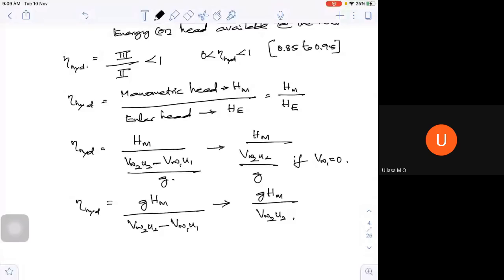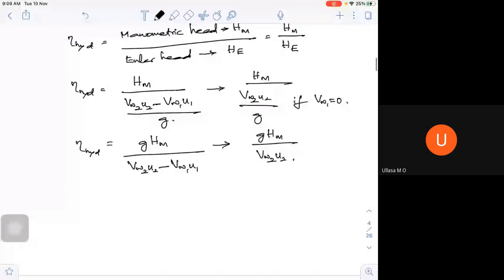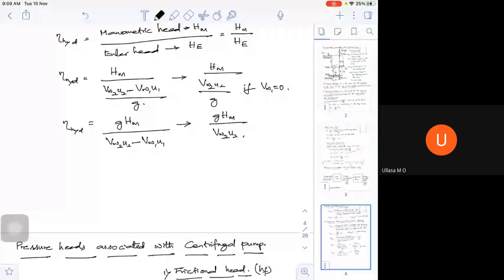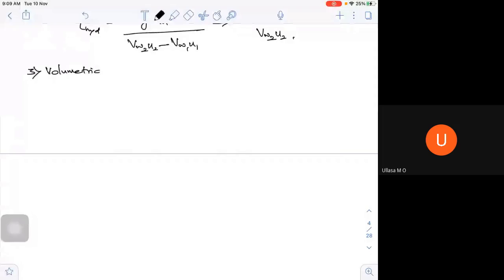Then I have the third efficiency. What is the third efficiency? The third one is your volumetric efficiency.